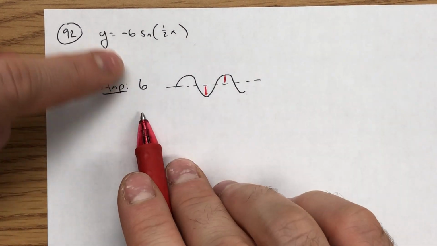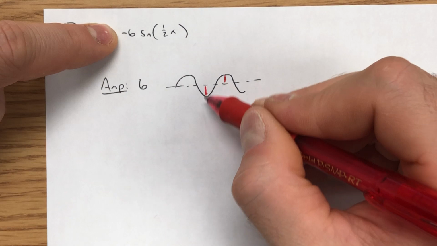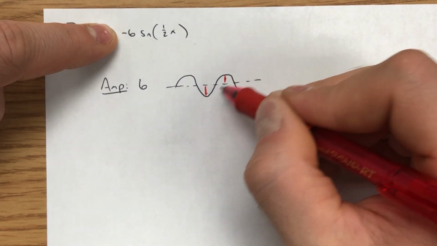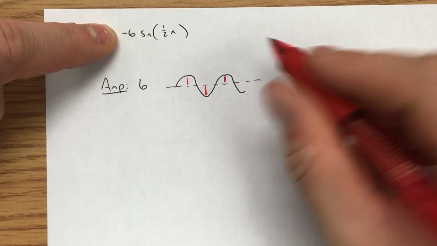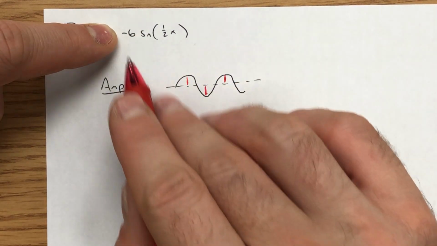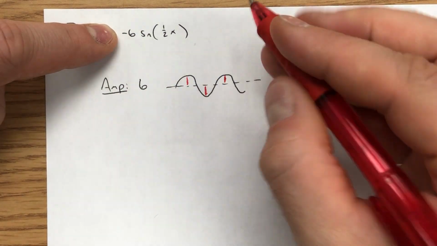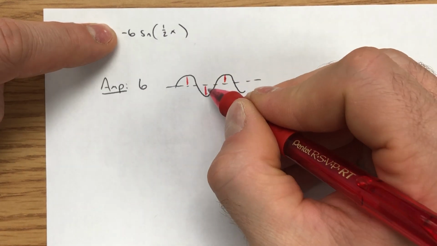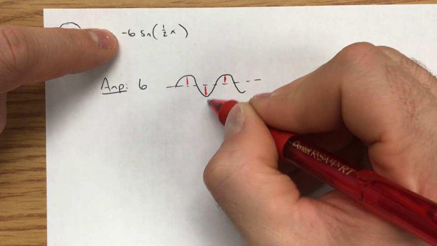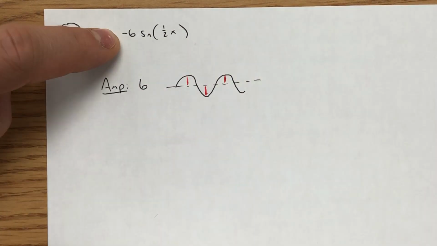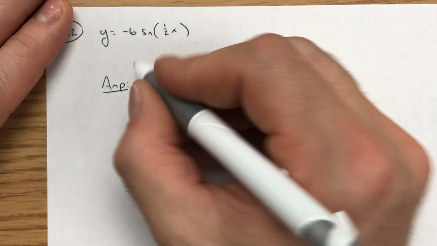Even though it's negative, the function repeats itself, so it doesn't matter if the amplitude is positive or negative, it's always going to be a positive value. The distance from here to here is 6, the same from here to here is 6. Even though I'm looking at it from the -6 perspective, the amplitude is just plain old 6.